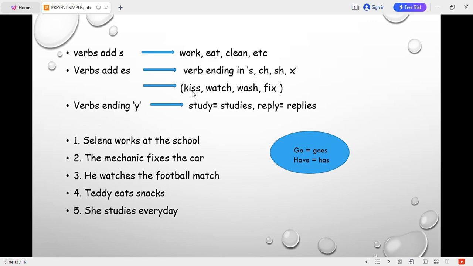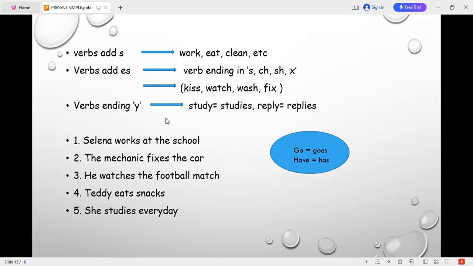Kiss becoming kisses. Watch becoming watches. Wash becoming washes. Fix becoming fixes. If the subject before you write this kind of verb is a singular subject, he, she, or it, or Tony, Susie, or Maria, a name of a person, but always a singular subject, then after that you can put this kind of verb.